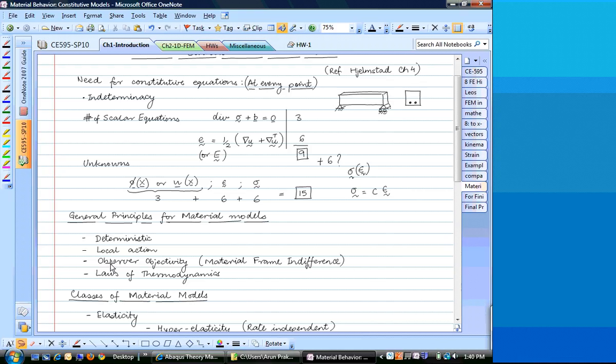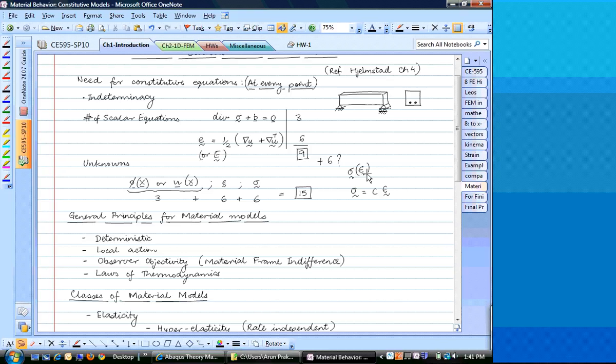And the third very important point is observer objectivity. What that means is that if I'm looking at a point in this body, and somebody else comes around and takes a different look at that body, then the prediction I make using a material model should agree. I look at this point, find some strains, and using my material model, I find the stresses.